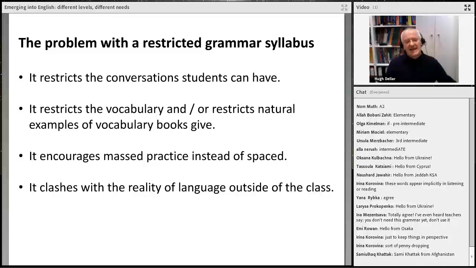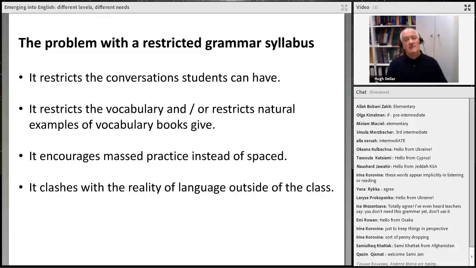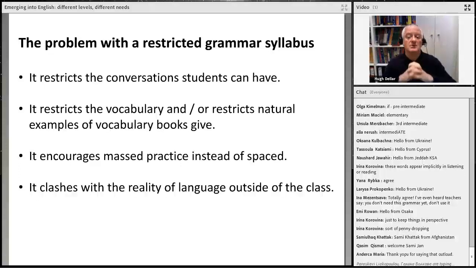And I think particularly in this day and age, this kind of restriction clashes with the reality of language outside the class. In the old days, before the internet, if you were studying English, maybe in a small town in Siberia, let's say, okay? Could be any other country or any other area as well. The English that you learned was basically the English that you met in the classroom. That was your little world of English.